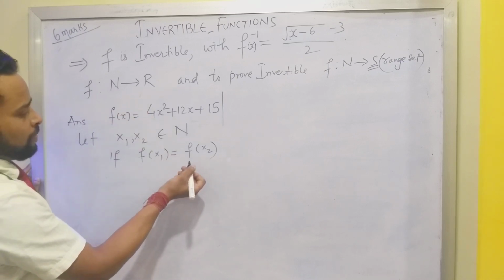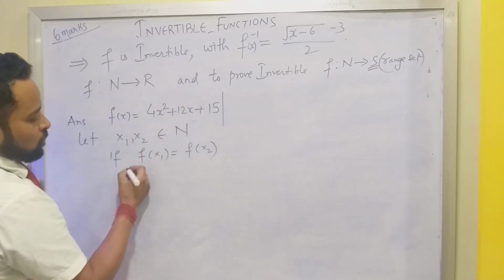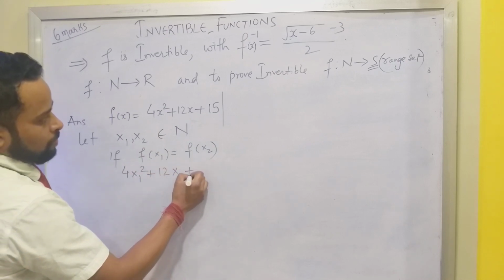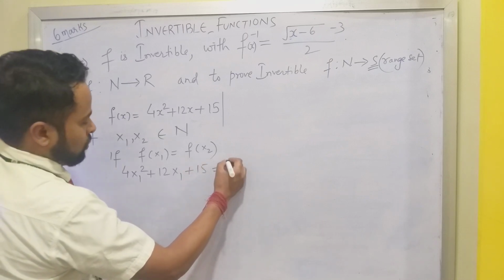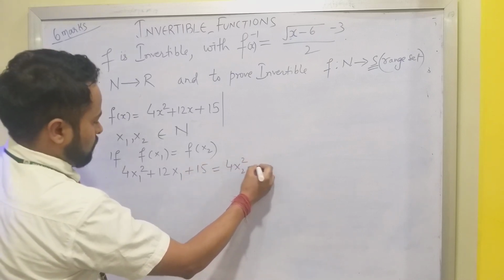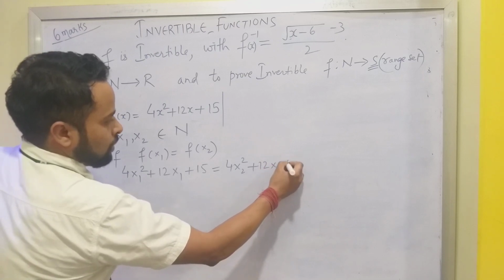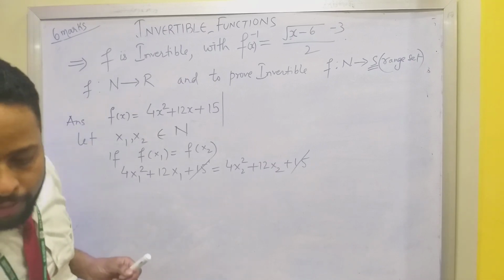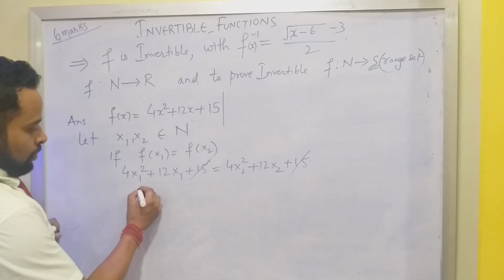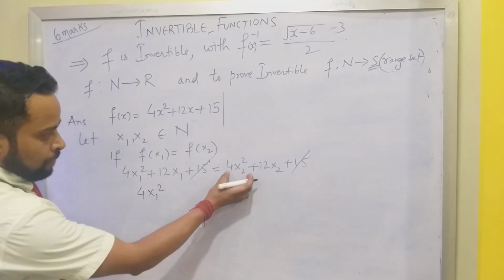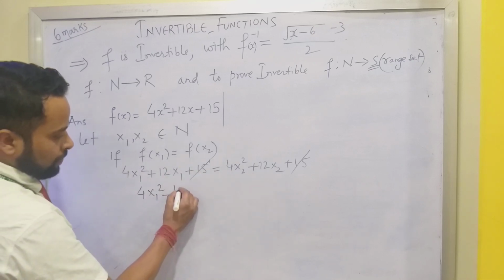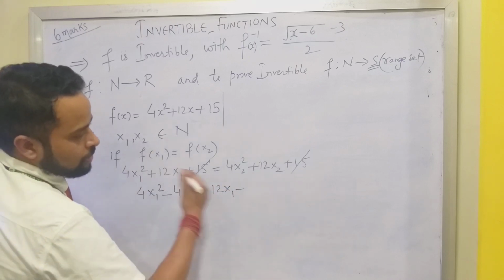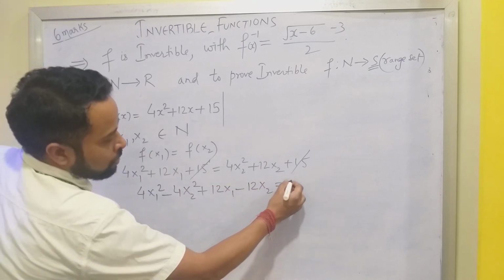means f of x1 equals f of x2, which means 4x1 square plus 12x1 plus 15 is equal to 4x2 square plus 12x2 plus 15. 15 cancelled. Followed by 4x1 square, bring this 4x2 square this side, plus 12x1 minus 12x2 equal to 0.